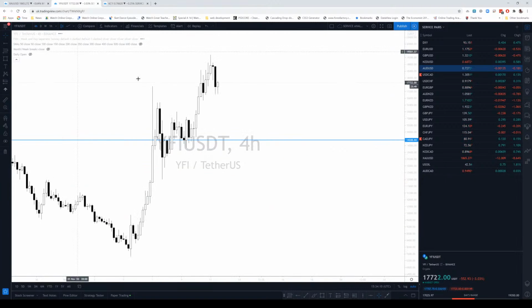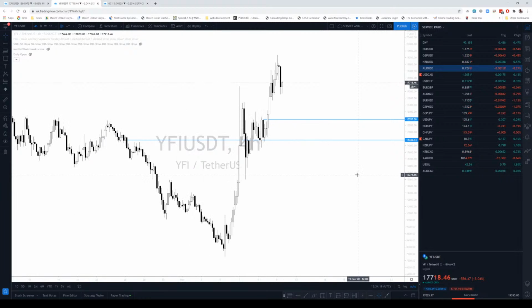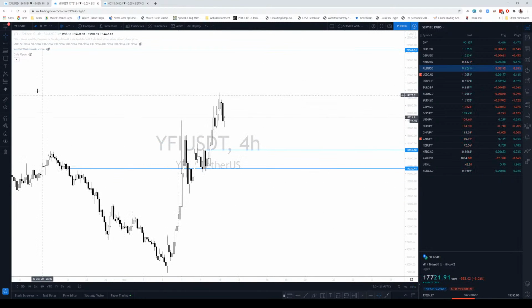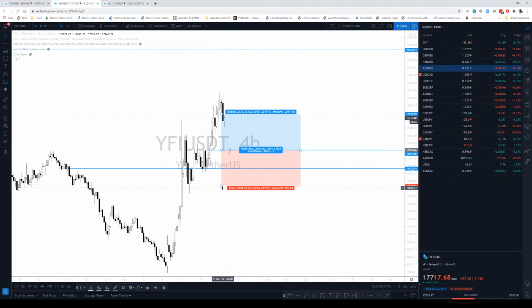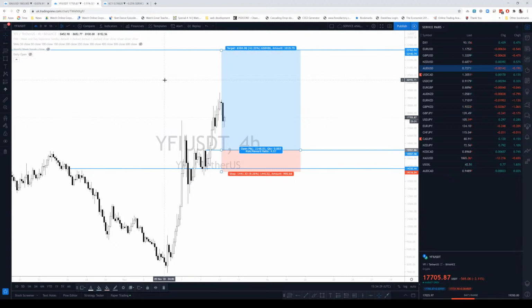On the lower time frame, this is a good place to consider long if price ever gets down there. If price ever gets down there, you could look for that.